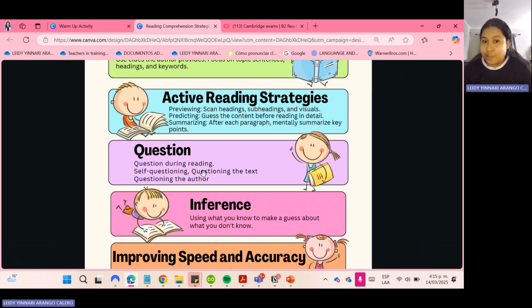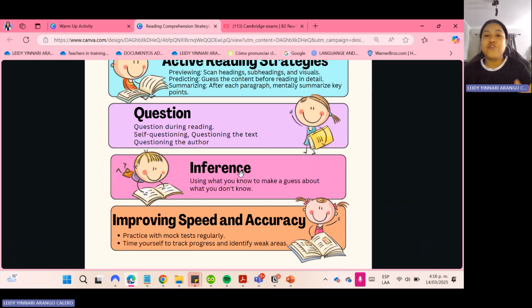Active questions: always self-question during the reading. Questions during the reading are really important. Inference: using what you know to make a guess about what you don't know will help us a lot.